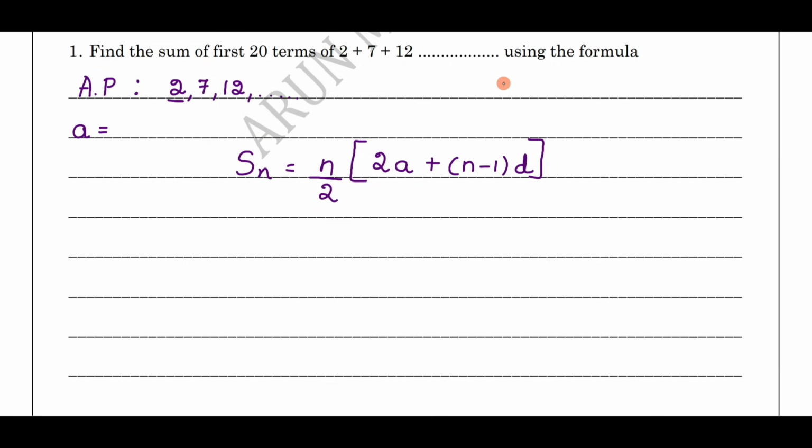What is the first number of this AP? That is 2. So a equals 2. Then the common difference is the difference of any two consecutive numbers, that is 7 minus 2 or 12 minus 7. Common difference d equals a2 minus a1, that is 7 minus 2, we get 5.